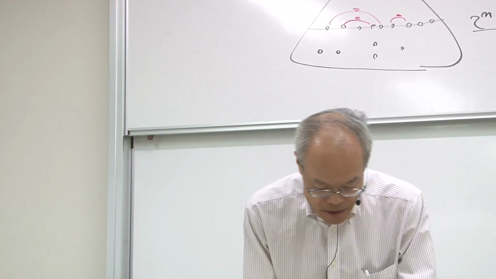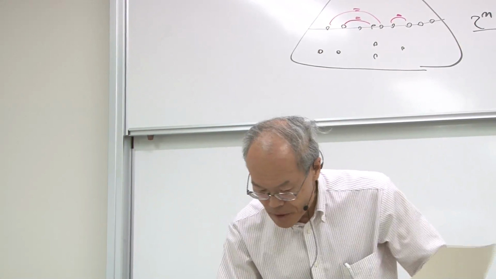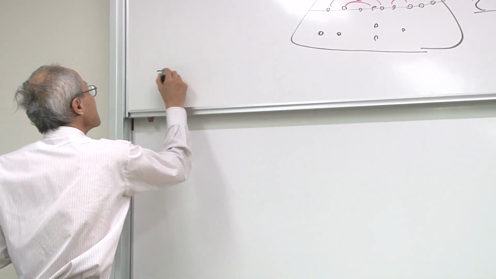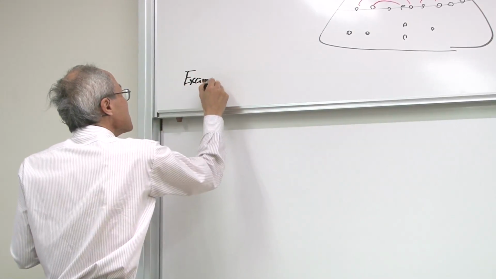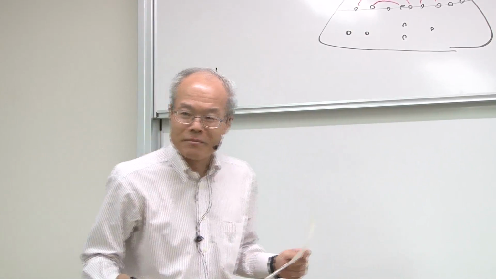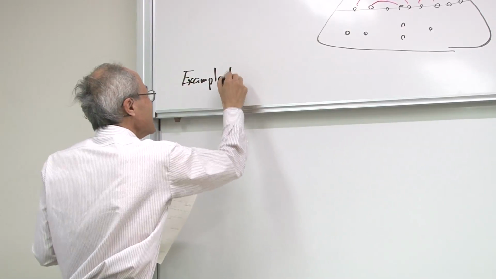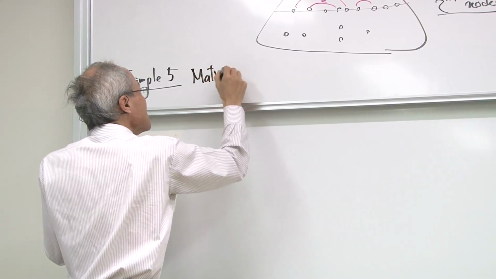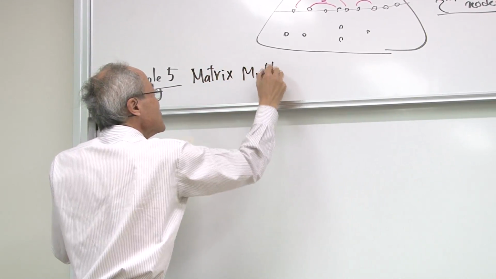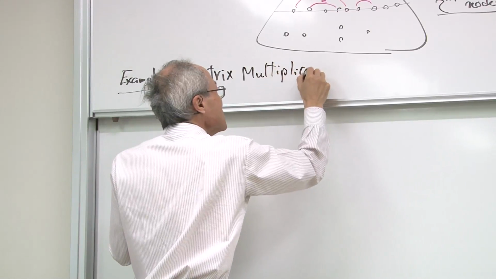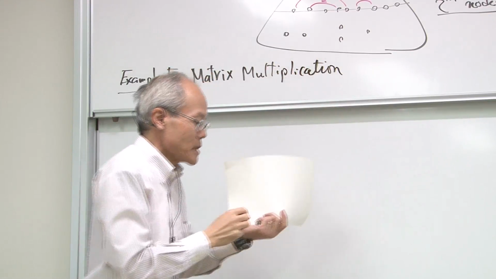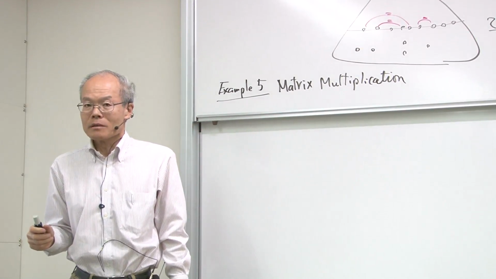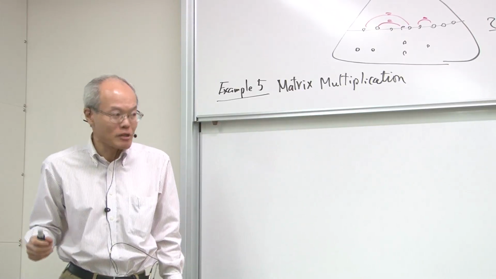I'll show you another example today, example number 5 maybe. It's a matrix multiplication. This is a very standard example for explaining dynamic programming.